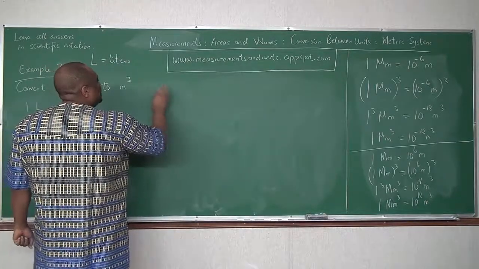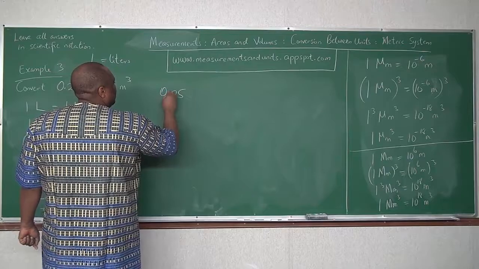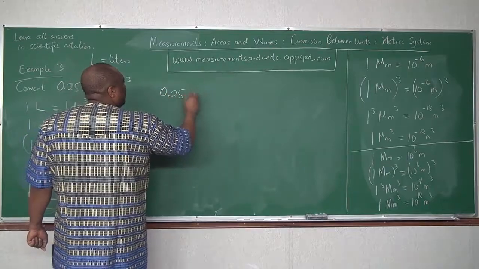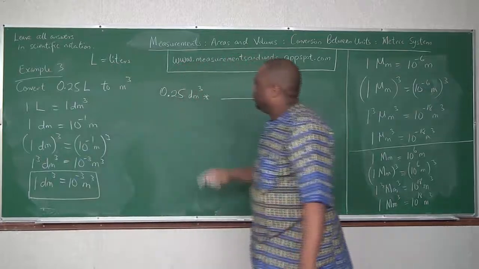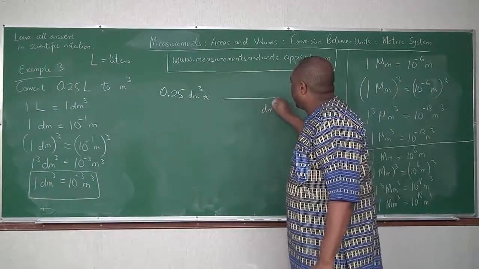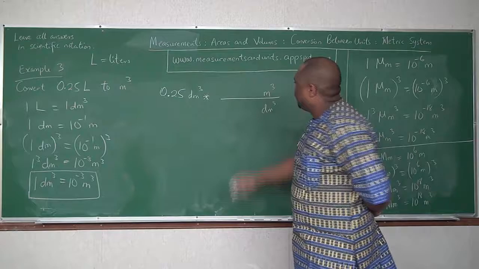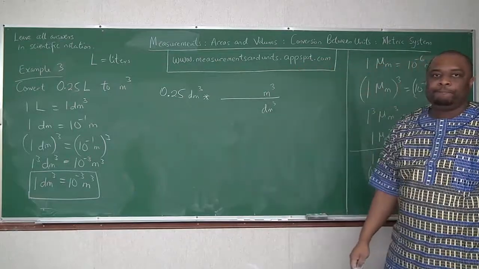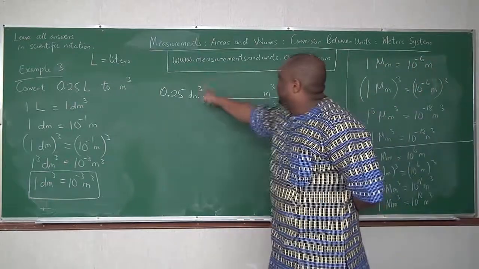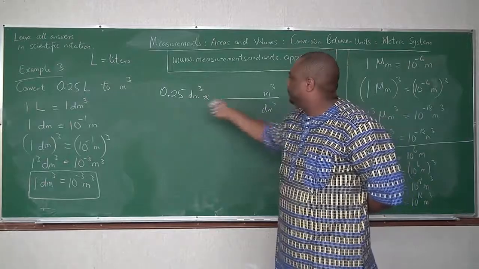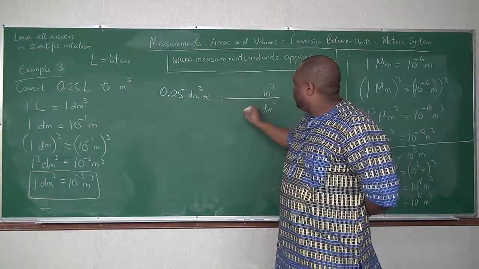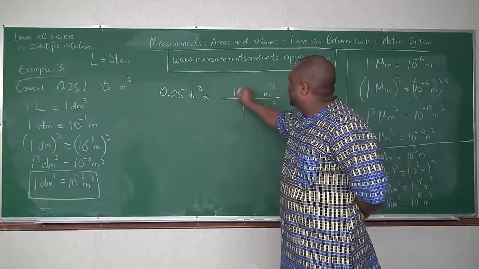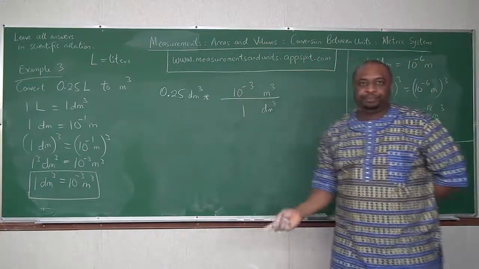So we write 0.25 dm cube, which is 0.25 liters, times, you put the dm cube here, and you put the meter cube here. So that the dm cube will cross out dm cube and you have only meter cube. So we now write that 1 dm cube is 10 to negative 3 meter cube.